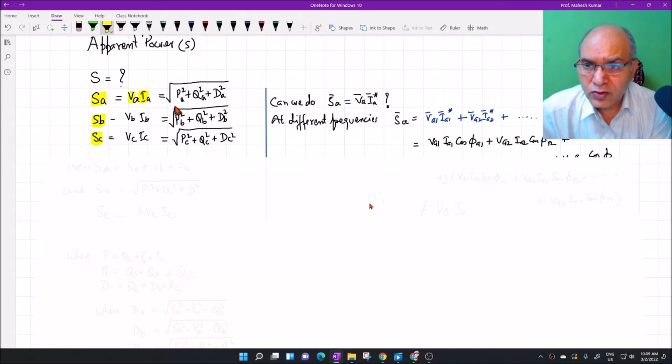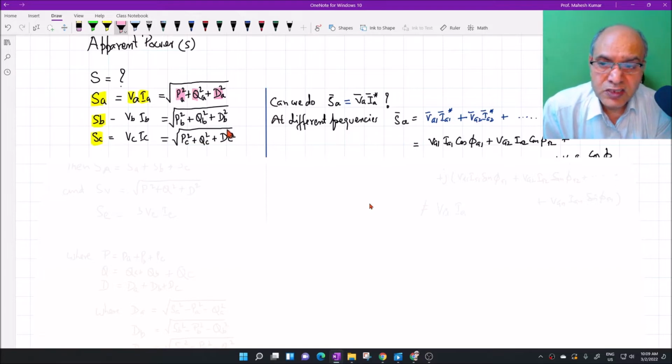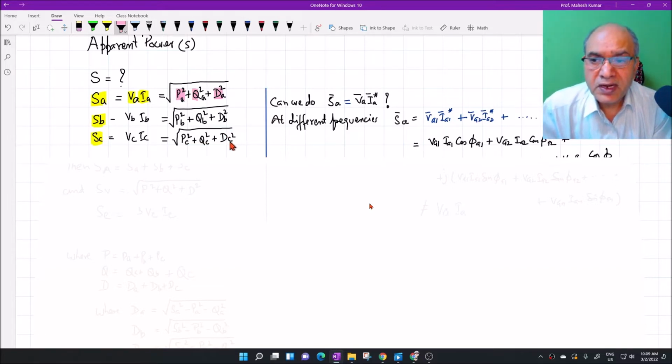This is also equal to PA square plus QA square plus DA square, because the system is unbalanced and it concerns the harmonics. If you compare each phase with the single phase system that we have described, then we can correlate the relationship of P, Q and D to VA into IA.